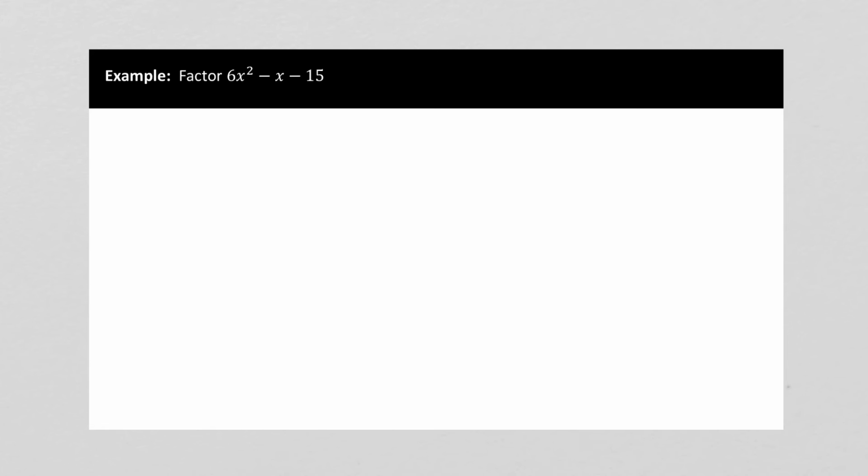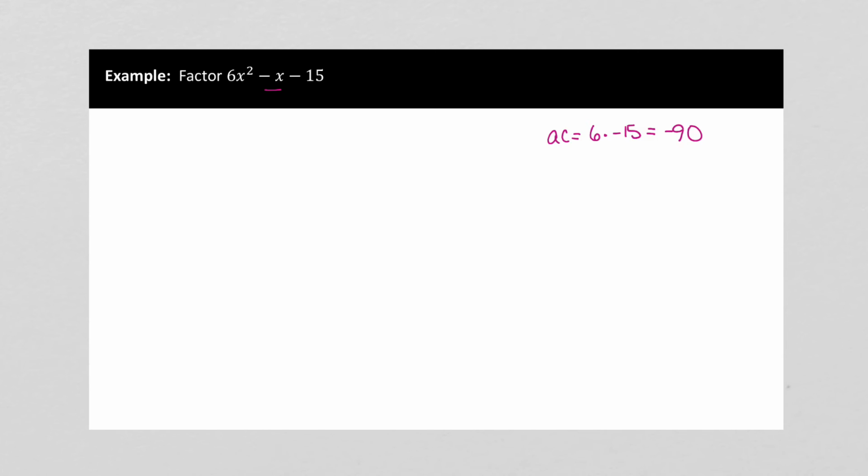So the first thing you do is you find A times C. That's 6 times negative 15, negative 90. And we need to ask ourselves, what will multiply to give us negative 90 that will add to give us B?